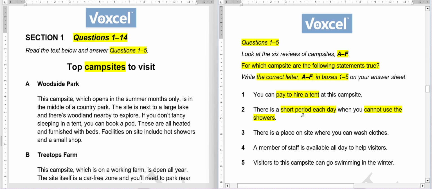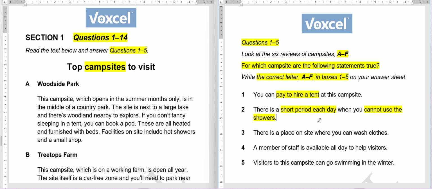Instead of this it could be written that you cannot use the showers in the afternoon for 2 hours, or for 15 minutes. So you may be given a time period instead of "short period." Clear? Instead of "each day," it could be "every afternoon" or "in the evening," something like that. Okay, so you get the idea. You should be aware of these kinds of paraphrases.